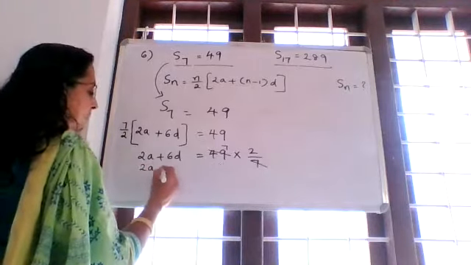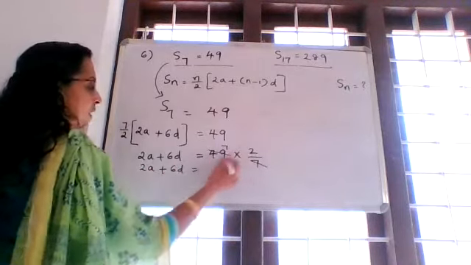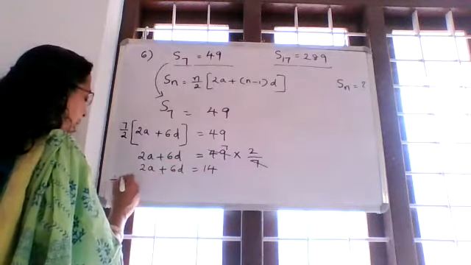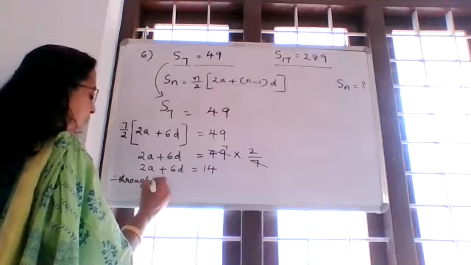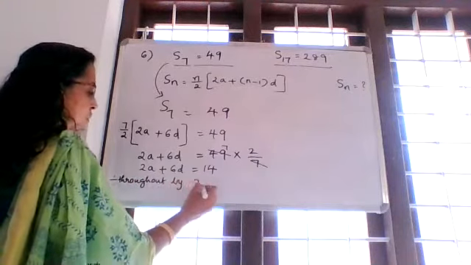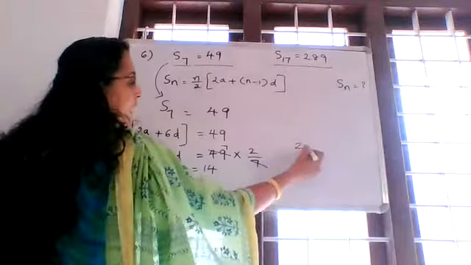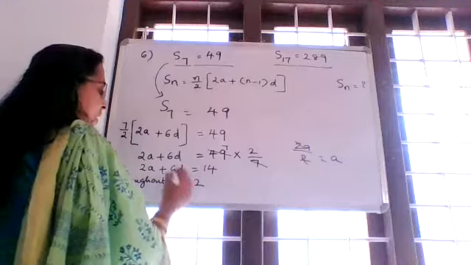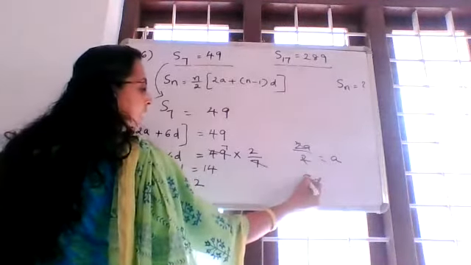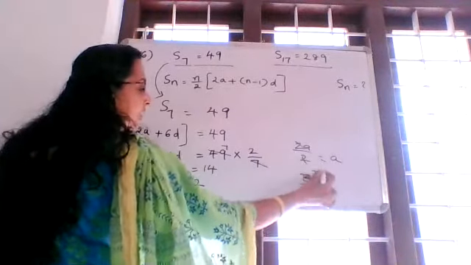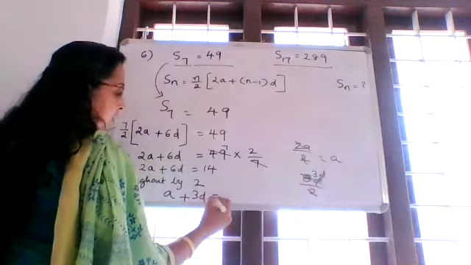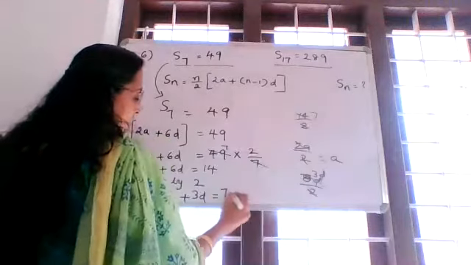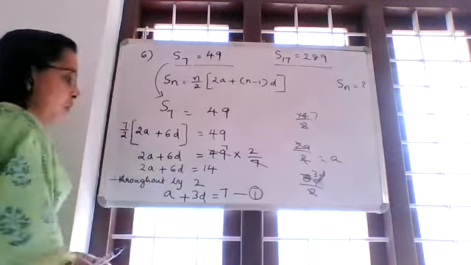So 2a plus 6d is equal to 14. Dividing throughout by 2, we get a plus 3d is equal to 7. Let it be equation number 1.